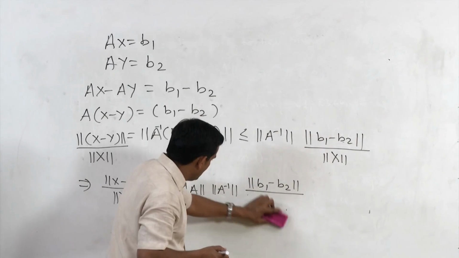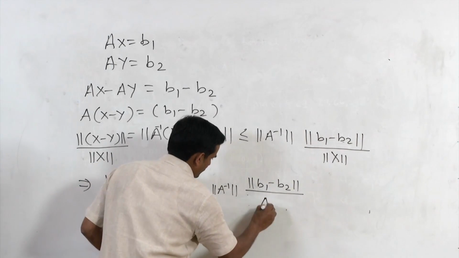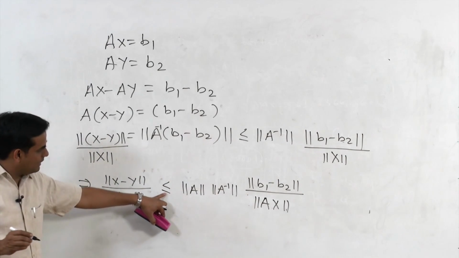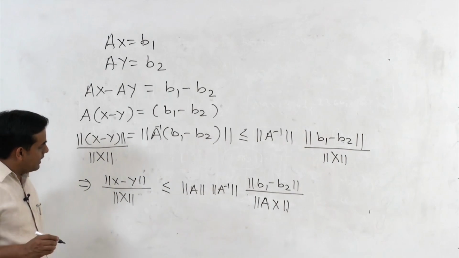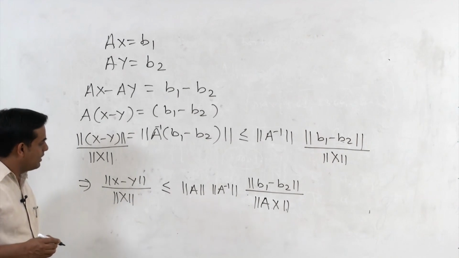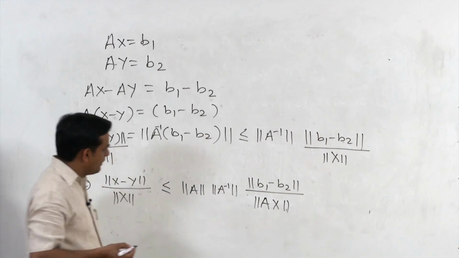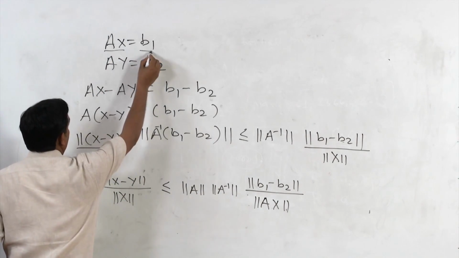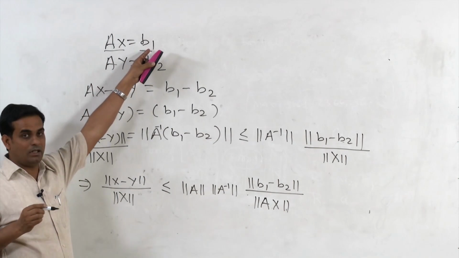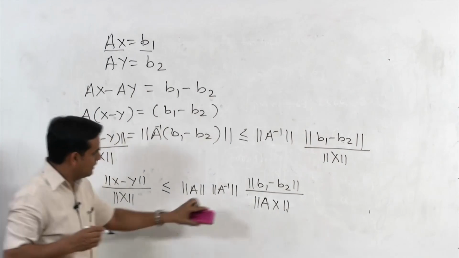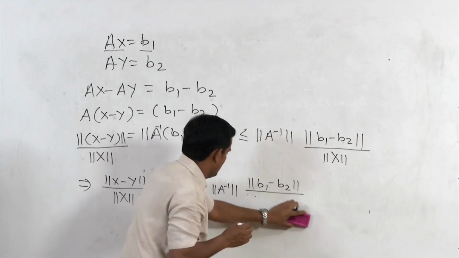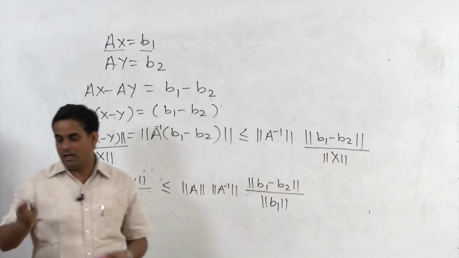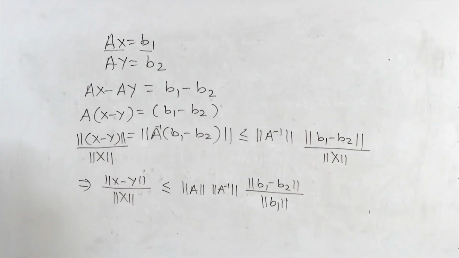So, if I replace it, this inequality will not change, and as you know, Ax equals B1, so norm of Ax will be norm of B1. So, I can replace it with norm of B1, and this is the result of the theorem.